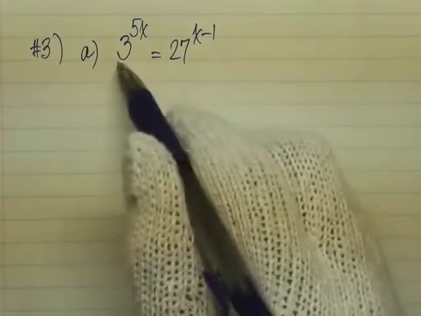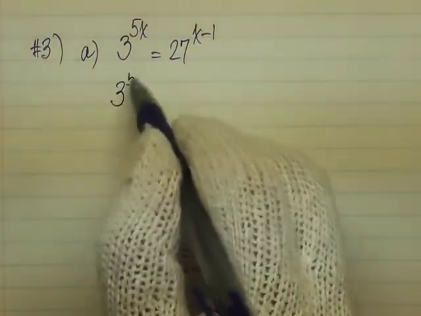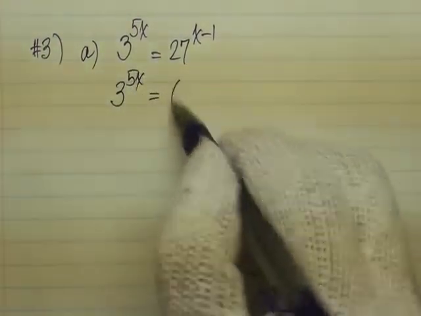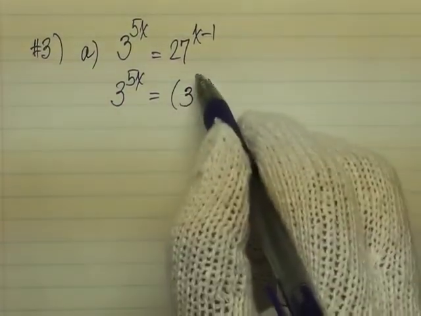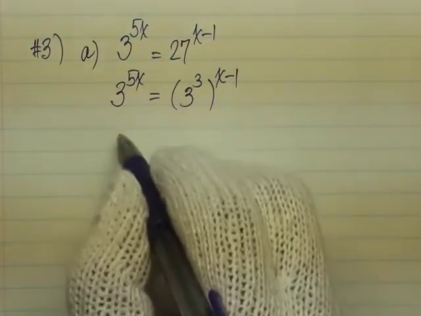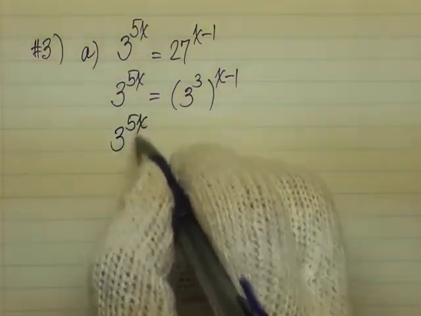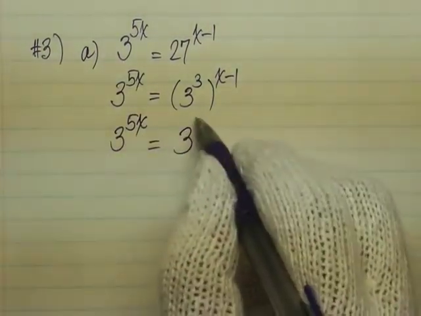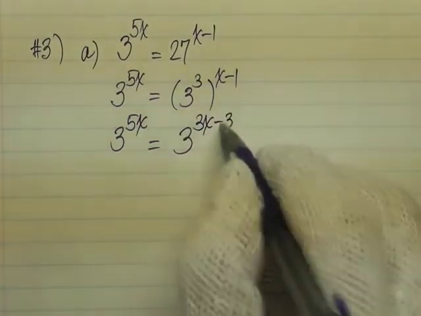Notice that 27 is a power of 3, so I can write that as 3 to the exponent 5x equals 3 cubed, which is 27, to the exponent x minus 1. This is going to give me 3 to the exponent 5x equals 3 to the exponent 3x minus 3.